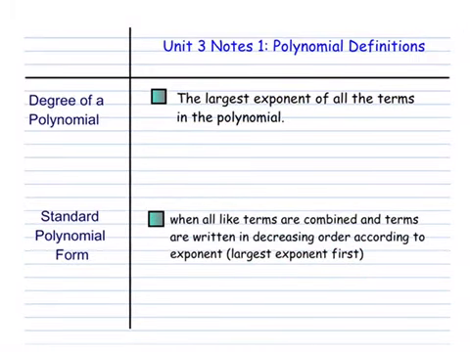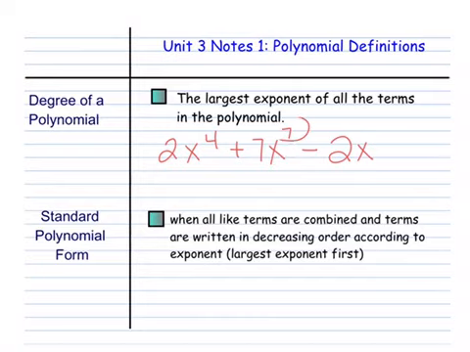If I'm asking for the degree of a polynomial, I'm looking for the largest exponent of all the terms in the polynomial. So I kind of touched on this a little bit earlier, but if I had 2x to the 4th plus 7x to the 7th minus 2x, the highest or the largest exponent is the 7, so this would have a degree of 7.